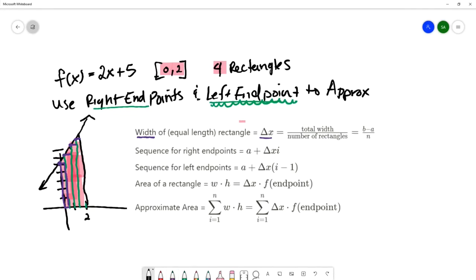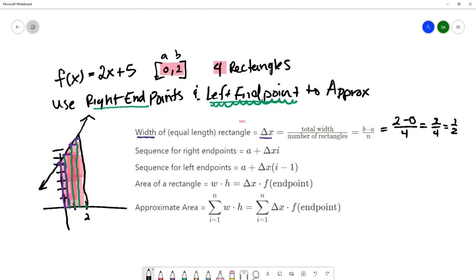And so that's going to be b minus a over n. A and b are our interval. So we have 2 minus 0 over n, which is the number of rectangles. And that works out to be 2 over 4, which is 1/2. And that's why I drew each of these rectangles to have a width of 1/2.